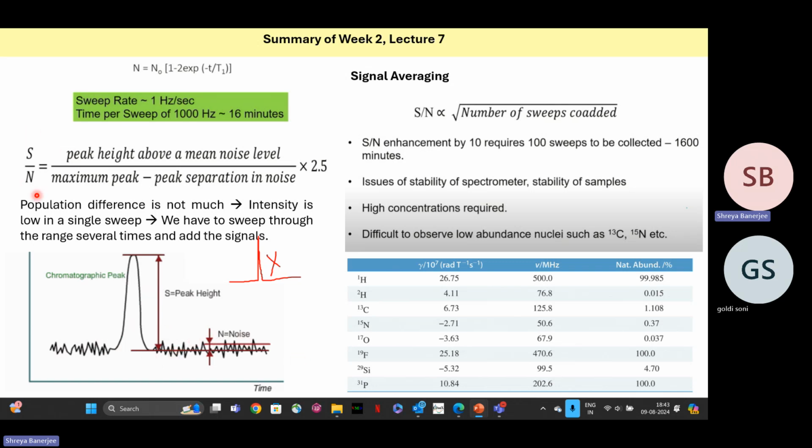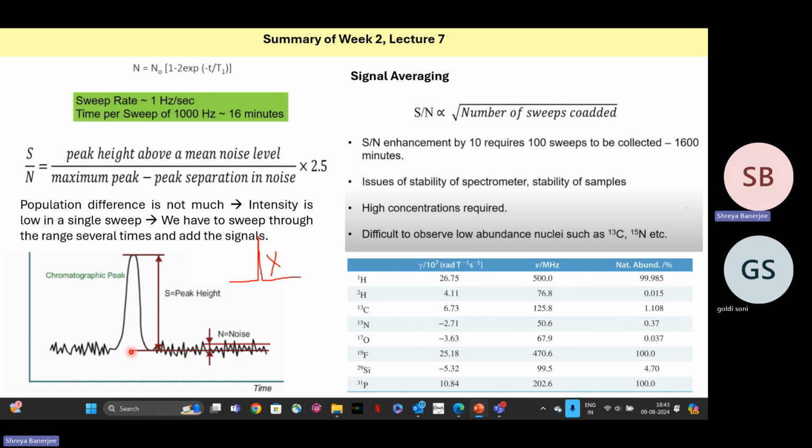The signal to noise ratio is defined by, first of all, you see this line that is drawn in the middle of the noise. It's called the mean noise level. To define the signal to noise ratio, in the numerator you take the peak height above this mean noise level.